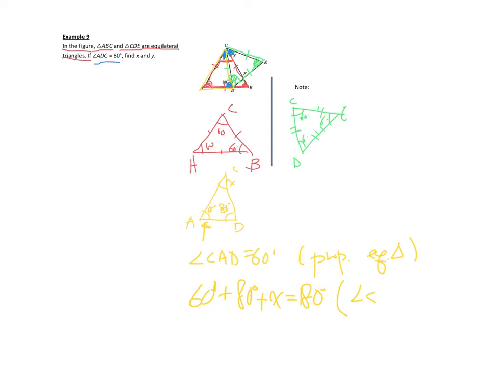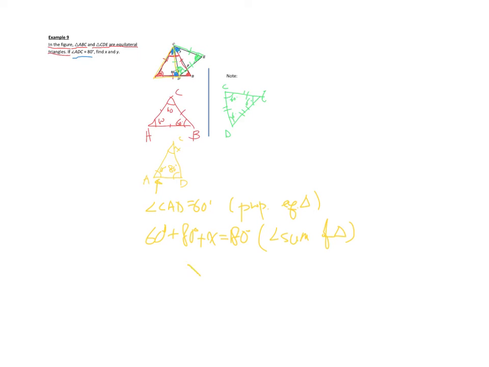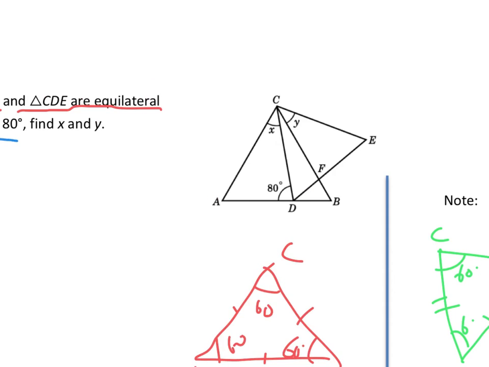That is by the angle sum of triangle. So we can find that x is equal to 40 degrees.